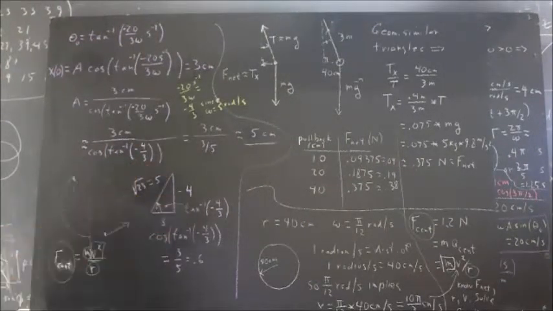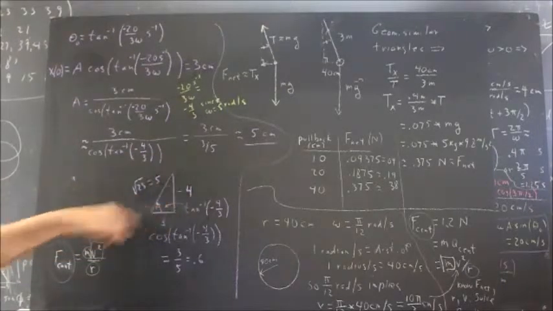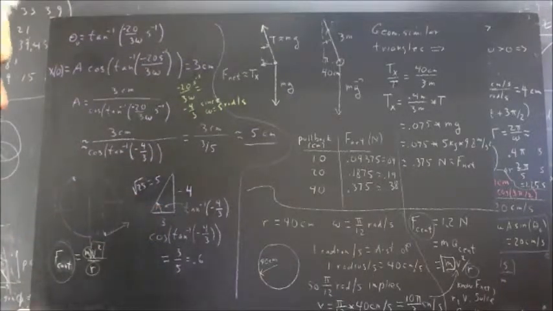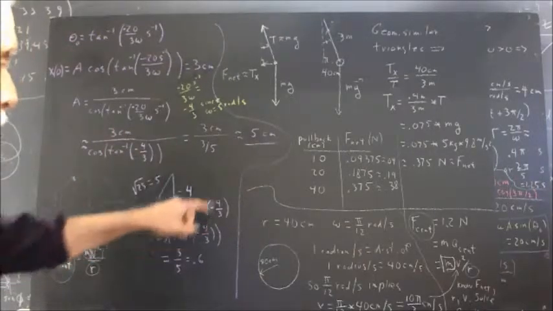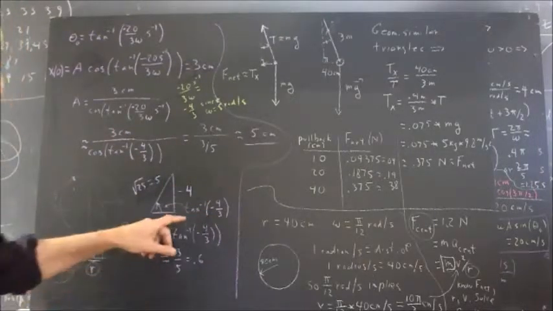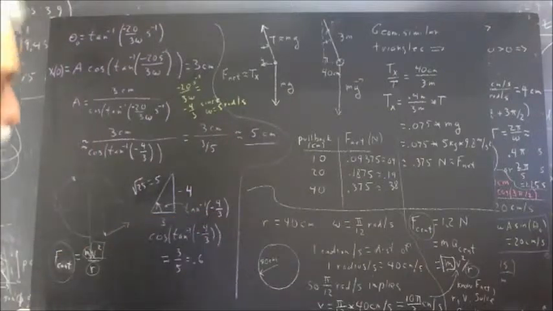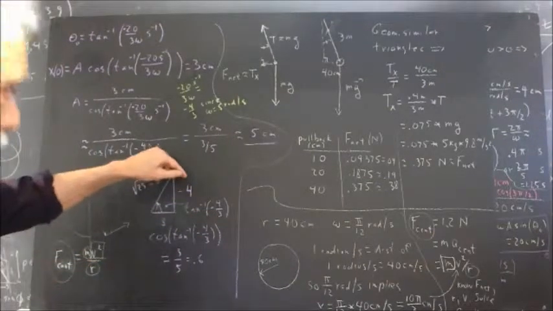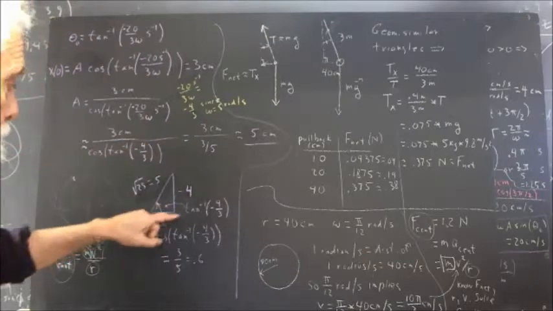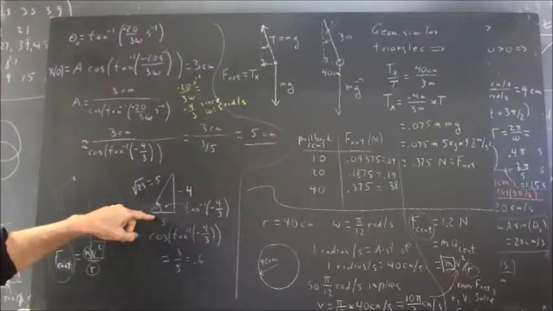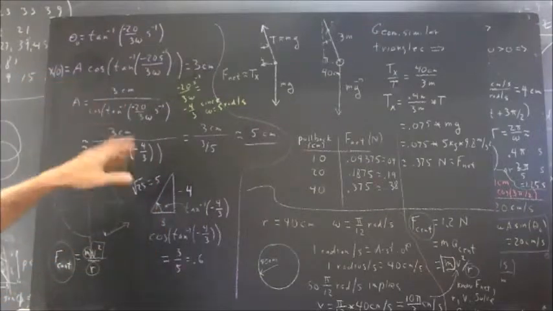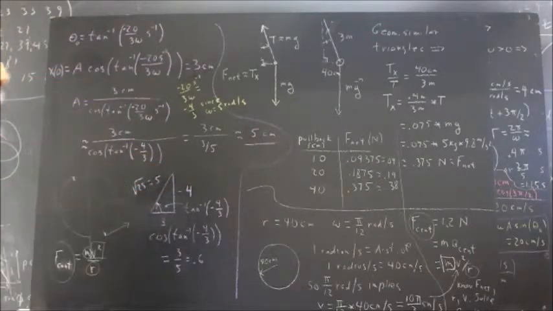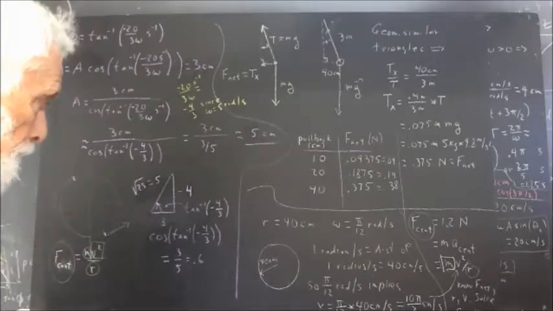Well, we draw a picture. We draw a triangle indicating the angle whose tangent is negative 4/3. The angle whose tangent is negative 4/3 can be represented by a triangle with a negative 4 on this side and a 3 on this side, because again the tangent is defined in terms of the circular model as the y component divided by the x component.